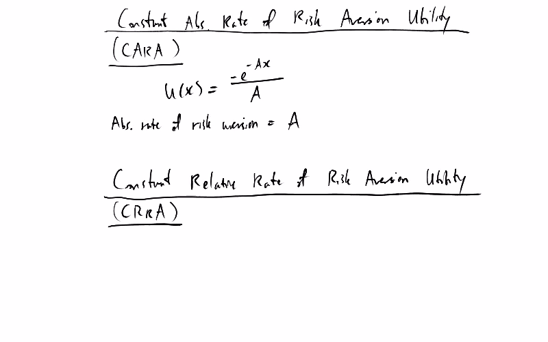This one looks like this. The utility function is X to the power of 1 minus r, over 1 minus r. And it has a property where the relative rate of risk aversion is going to be r. So these two are essentially the only utility functions used in many cases.